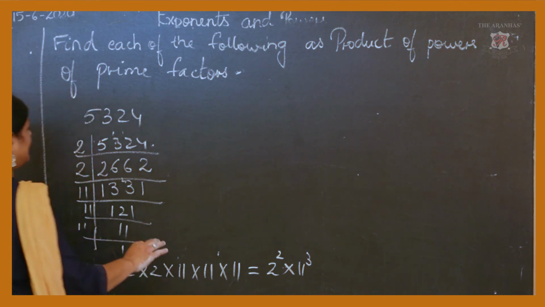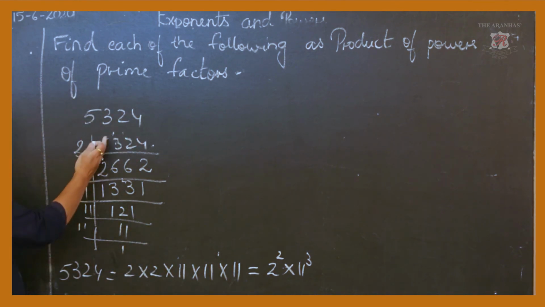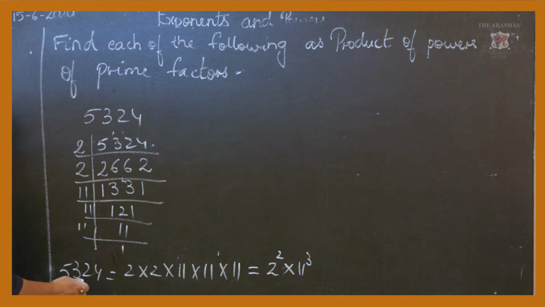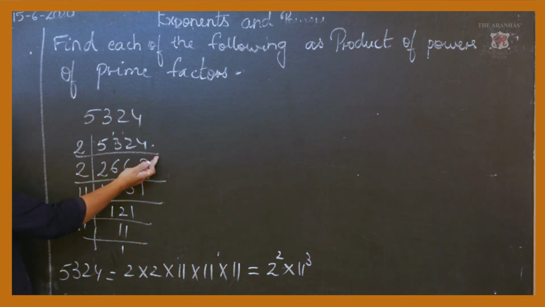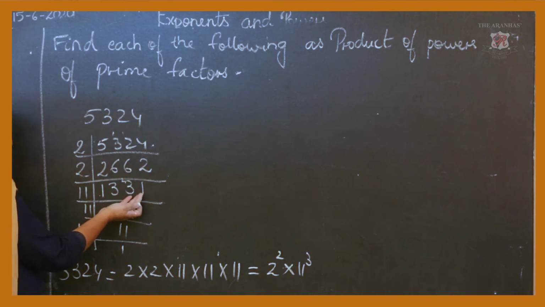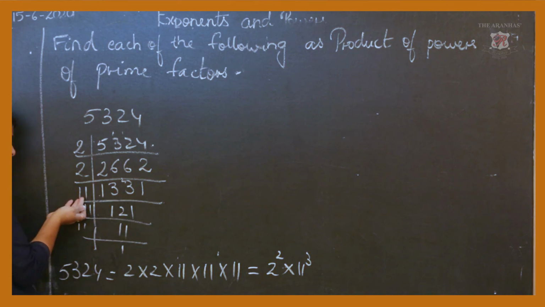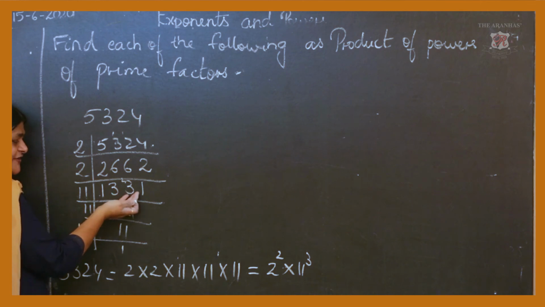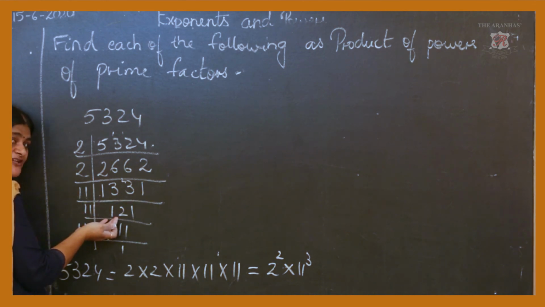Okay, so again I'm explaining 5324, you are going to do it by your prime factorization method. So 5324 divided by 2 will give you 2662. Again it is divisible by 2, so 1331 you get, and 1331 when you divide by 11, you will get 121.